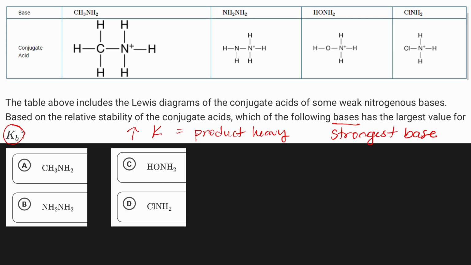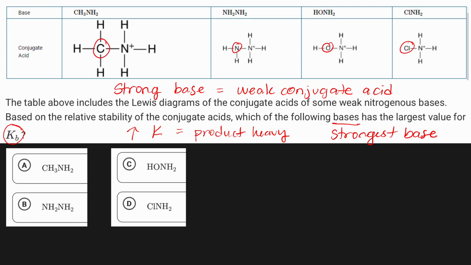And remember, the stronger base is going to have a weaker or more stable conjugate acid. Looking at these conjugate acids, we can see the key difference is what is attached to the nitrogen. So we have carbon, another nitrogen, oxygen, and chlorine. Those have very different electronegativity values, with chlorine being the most electronegative and carbon being the least electronegative. Remember, an acid is determined by its ability to donate a proton.